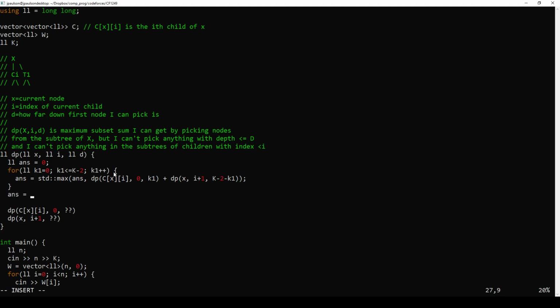Another possibility is that you could just include x itself, so that gives it w x, and then the child, you have to stay at least k away, and also anything in here you have to stay at least k away.